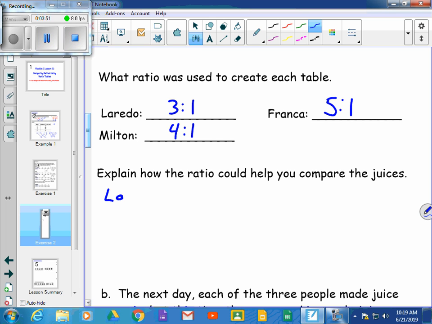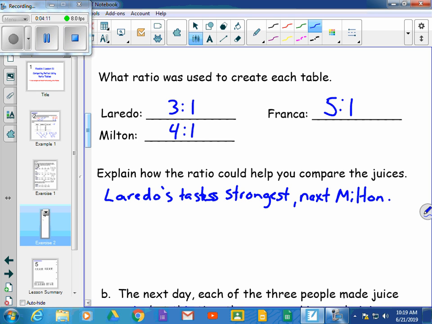Laredo added the least amount of water, so Laredo's tastes the strongest. Next would be Milton. And the weakest tasting, the most diluted tasting, would be Franca.